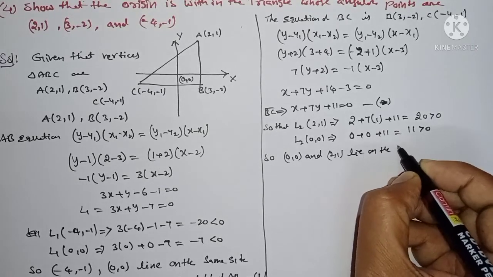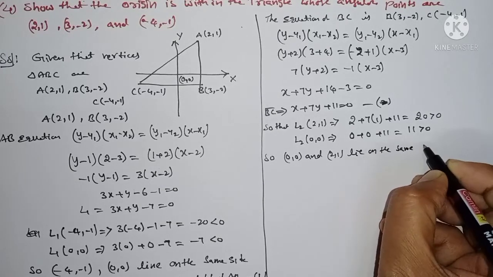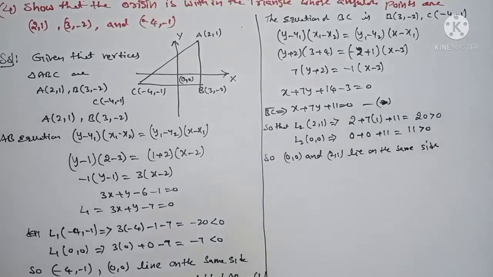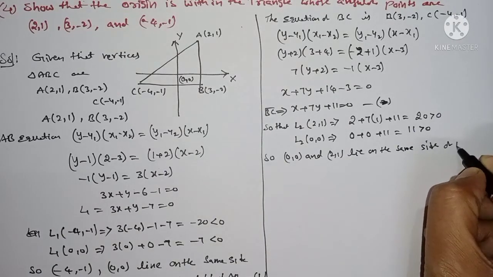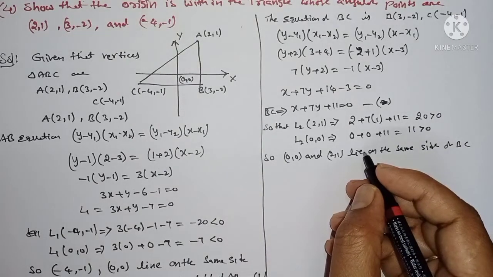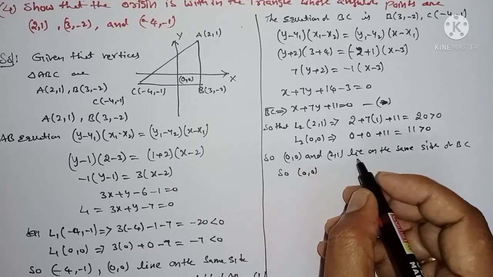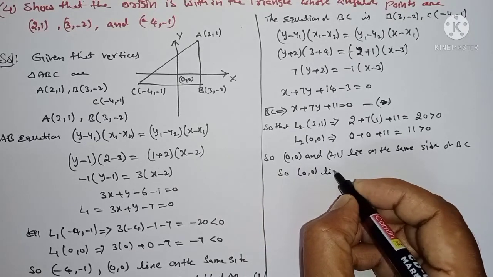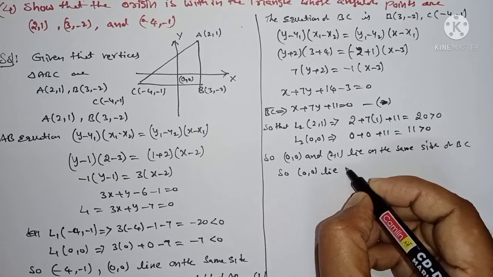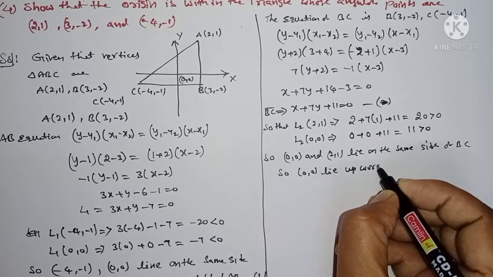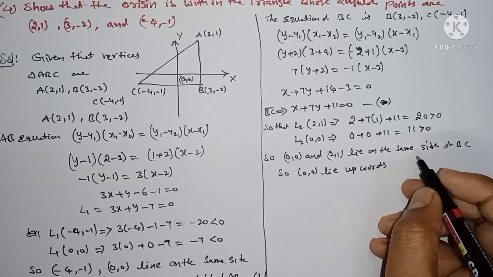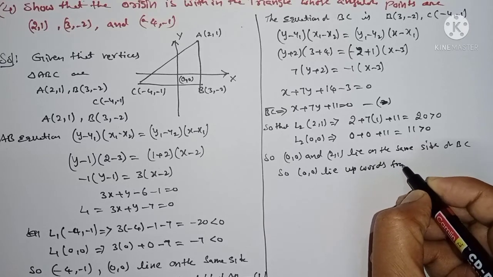It is two positives or two negatives, you are reading the same side of BC. Therefore 0 comma 0 lies upwards. You can observe upwards from BC.